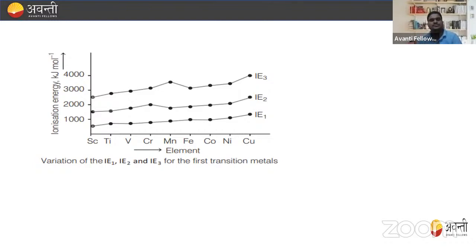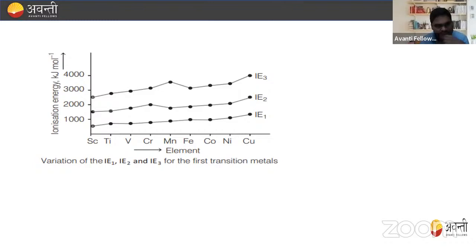If I'm talking about the first ionization enthalpy of scandium, second and third, we can observe that the first ionization enthalpy of scandium is around 700, between 0 and 1000. And the second is between this and the third between this.